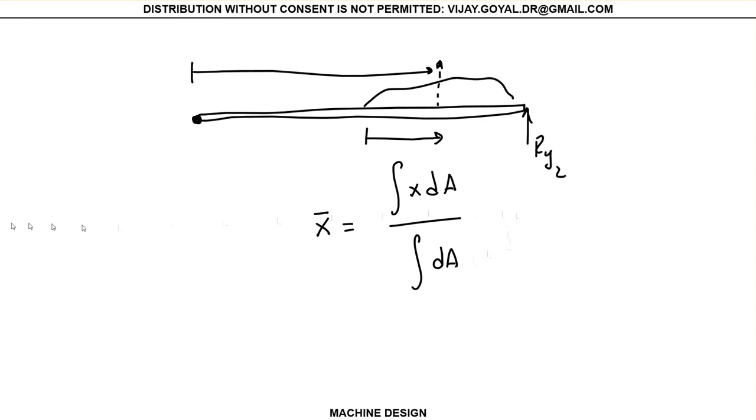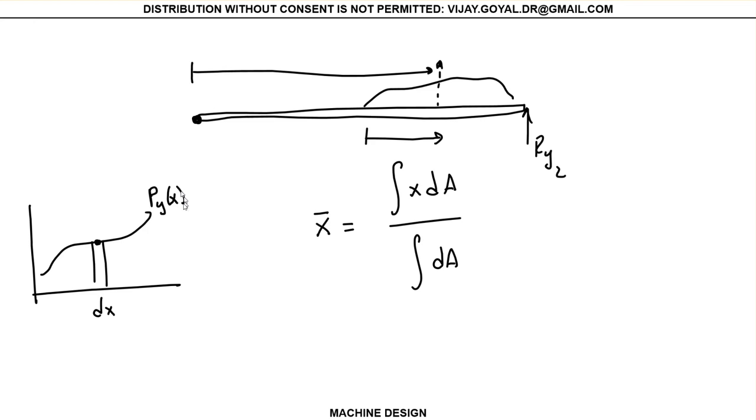Okay, so if you just consider the case of an arbitrary curve, and I want to find the area, this will be nothing else than dx, okay? And this is the curve py that I'm looking for, okay? So your equation then, let's suppose, let's leave it like that.